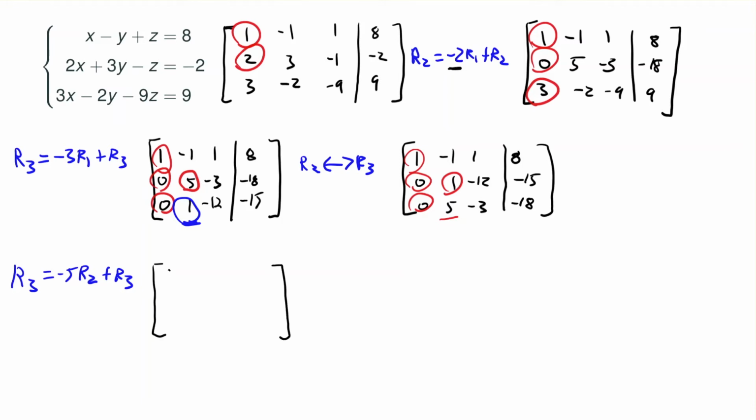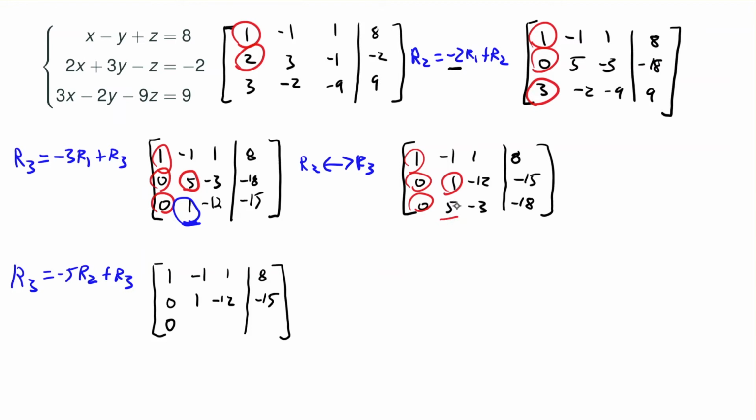Well, row 1 doesn't change, so just copy it and make sure you're copying it correctly from the previous steps. Row 2 also doesn't change, so just copy it. So let's do this. -5 times 0 is 0, add to 0 is 0. -5 times 1 gives us -5.